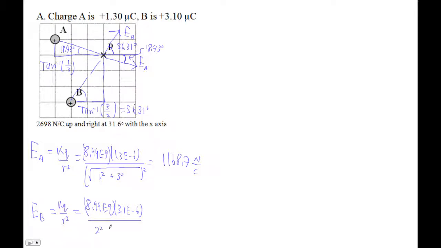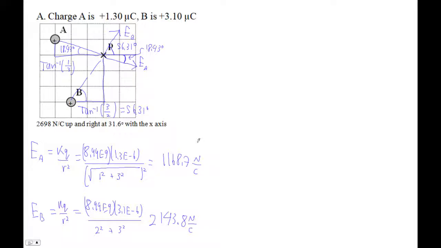So I'm going to go 2 squared plus 3 squared. I might be so lazy that I'm just editing the old thing I just did. Oh no. Okay, hold on, stay there. 3.1. All right, so now I've got 8.99 E9 times 3.1 E minus 6 over 2 squared plus 3 squared. It's 2143.77. I'll say 0.8 just for kicks, because we have so many sig figs.